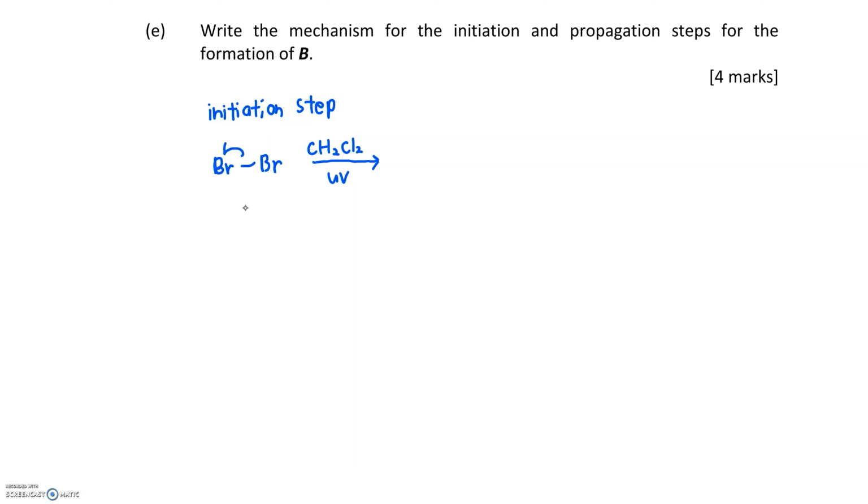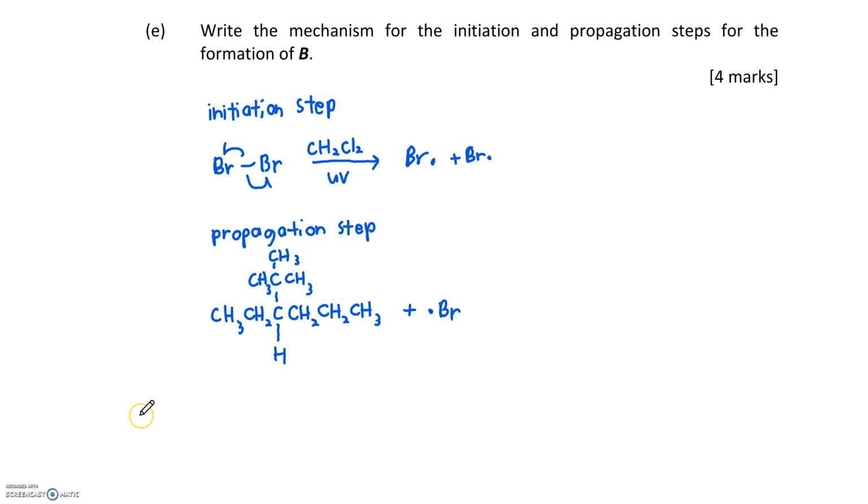One electron of the bromine-bromine bond is given to each of the bromine atoms to form bromine free radicals, a bromine atom with one unpaired electron. The second step, which is the propagation step, consists of two steps.